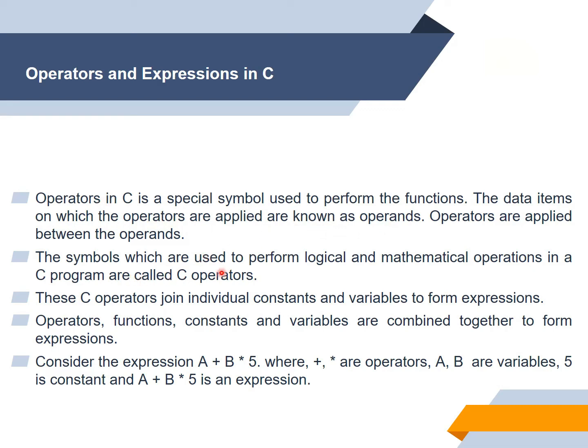The symbols which are used to perform logical and mathematical operations are called operators. C operators join constants and variables to form an expression. An expression is a combination of operands and operators, or constants and variables along with operators. Like a + b * 5 is an expression where a and b are the names of variables, 5 is a constant, and + and * are operators.